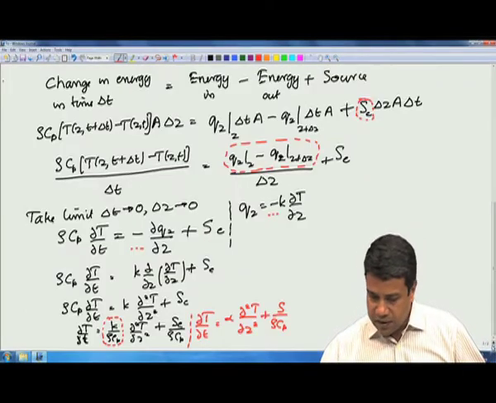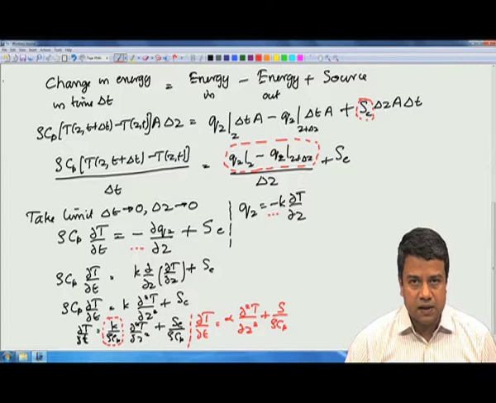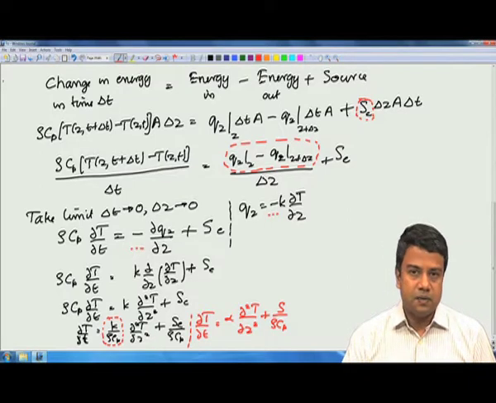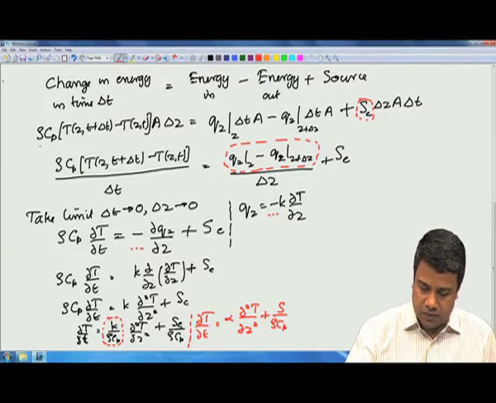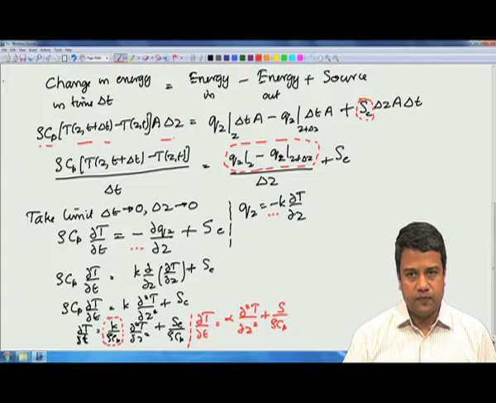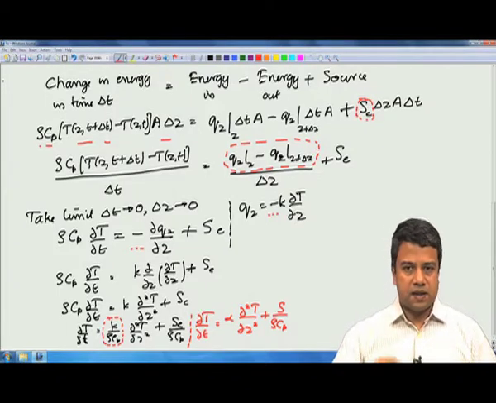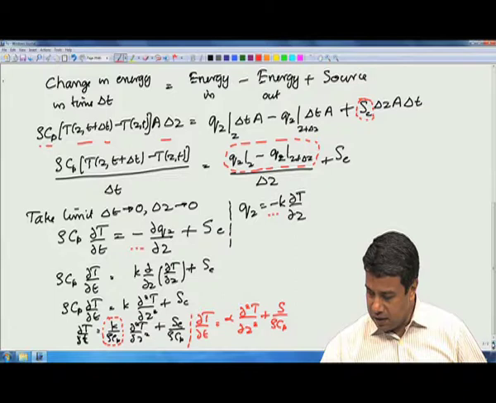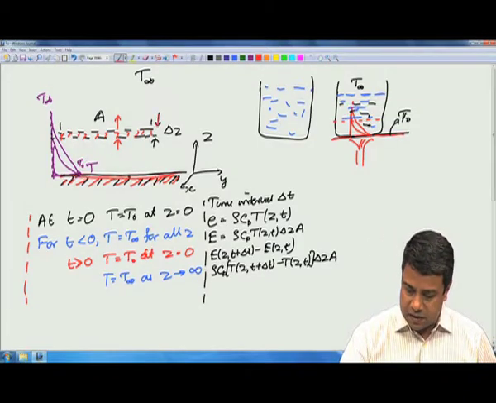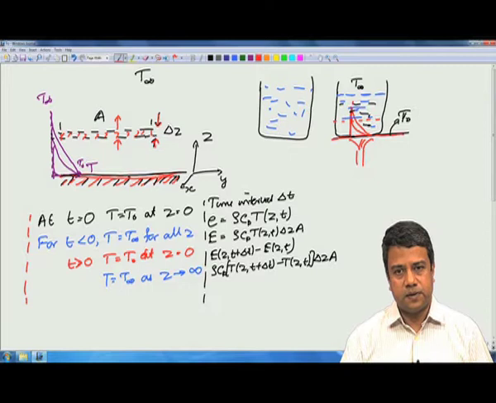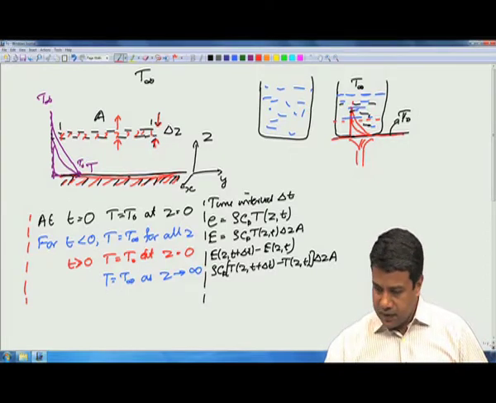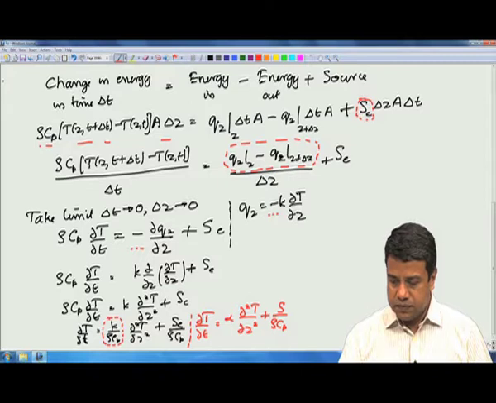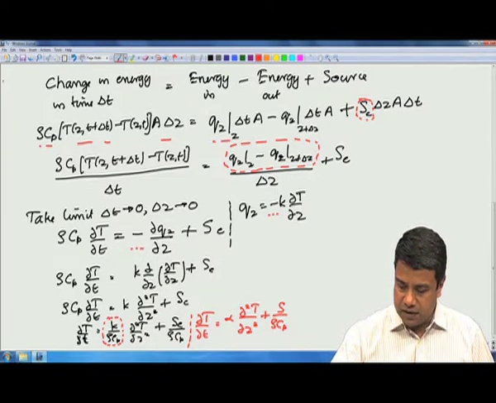Now, for this we had done a balance. The change in energy in the time delta t is equal to energy in minus energy out plus any sources of energy. This energy density we had written as rho Cp times T. So, the change in energy was equal to the energy density times the volume. Volume is cross sectional area times the height, and for the height we had taken a small differential distance delta z in the z direction. So, this was equal to the energy in.